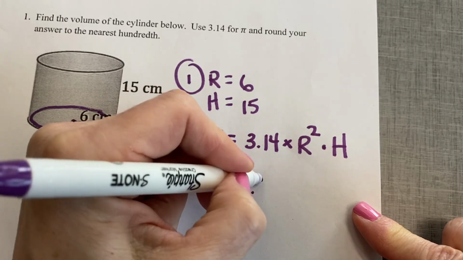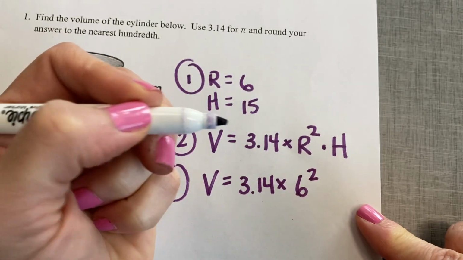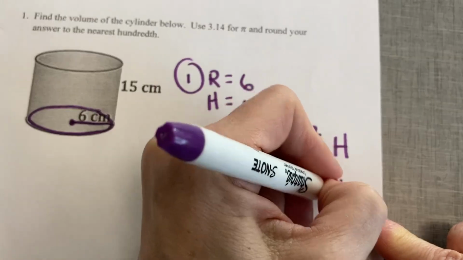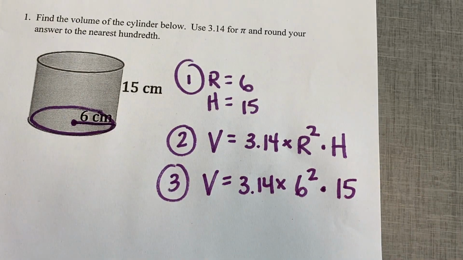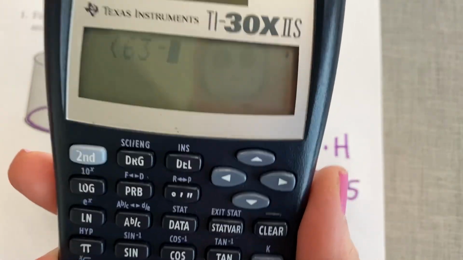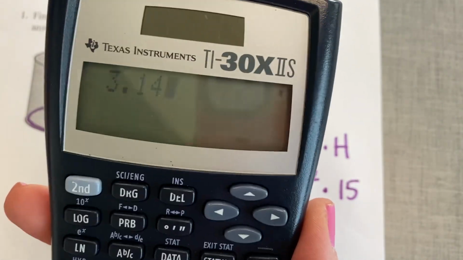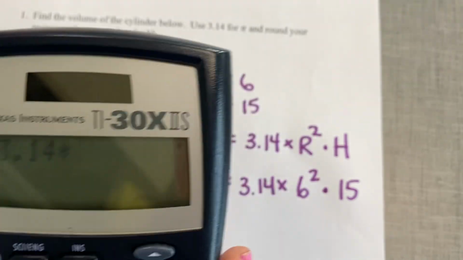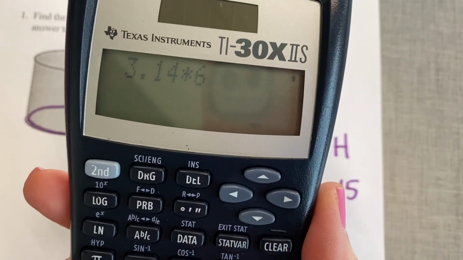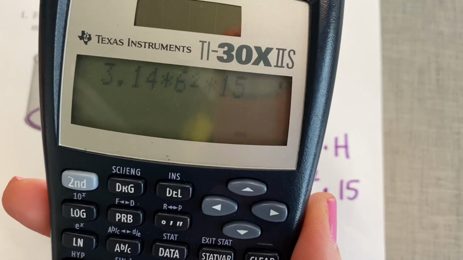So it's going to be 3.14 times 6 to the second power times 15. And then we will grab our handy dandy calculator and put it in. I'm going to turn my calculator on and type in 3.14 times 6 raised to the second power times 15.